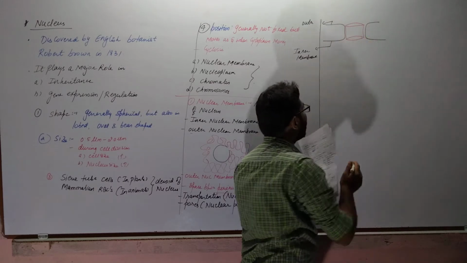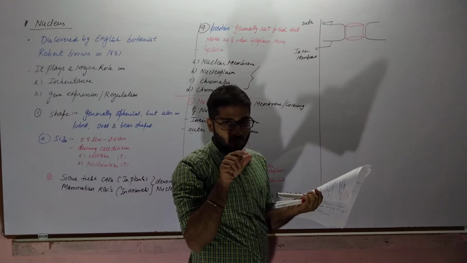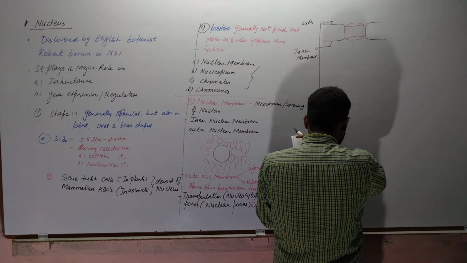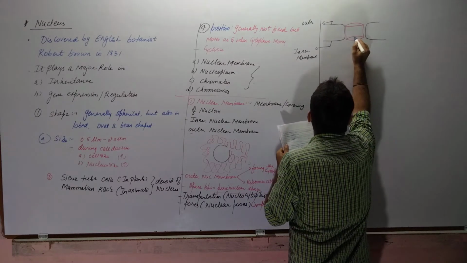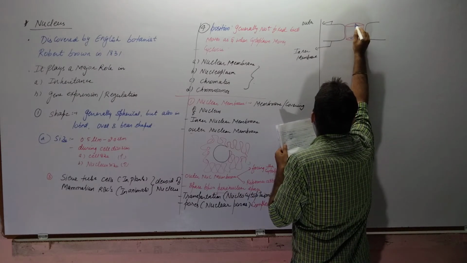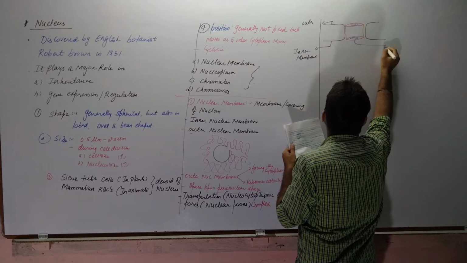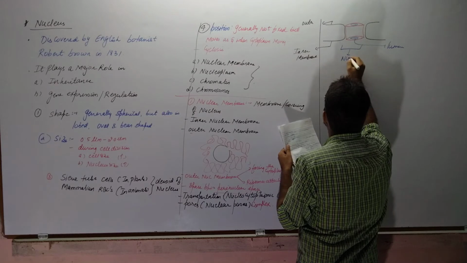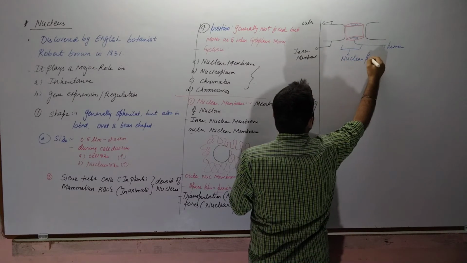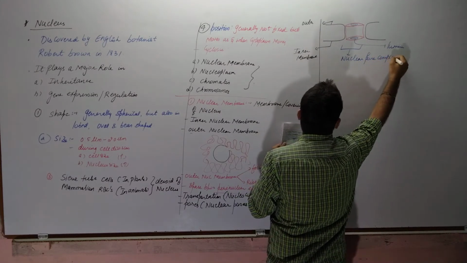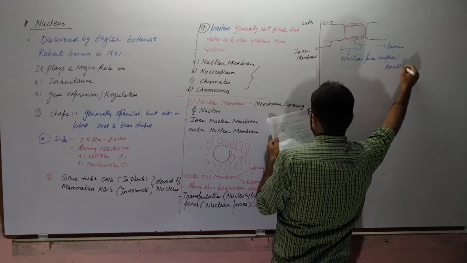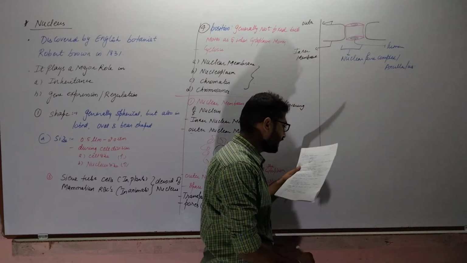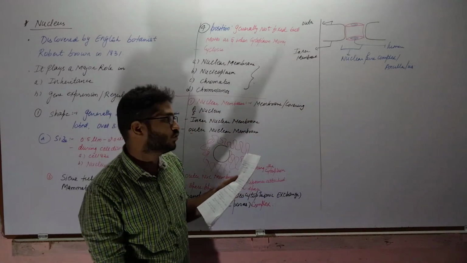So within this annula or the nuclear pore structure, it has its wall, and within this wall there is a lumen also. So this lumen region is basically the nuclear pore complex or annula, annula or annulus, A-N-N-U-L-U-S.